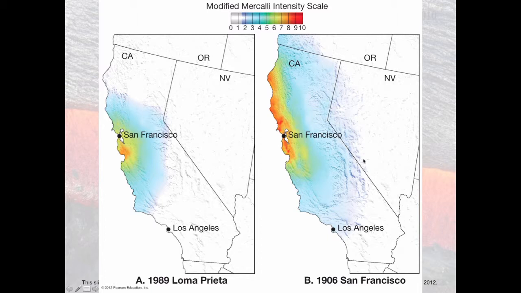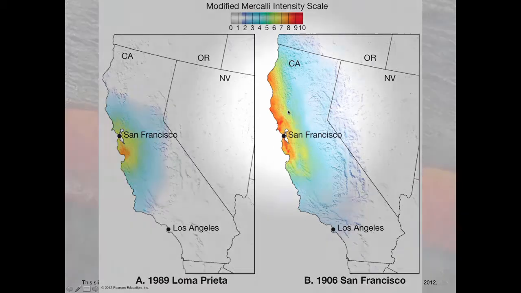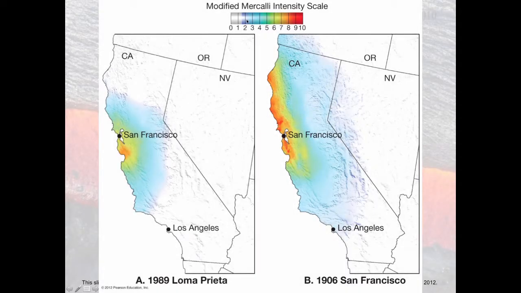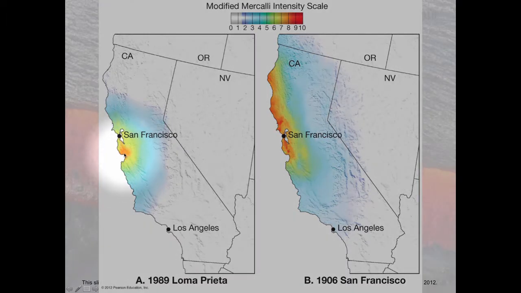Looking at the Mercalli index, you can see that the effect of the 1906 was felt in a much wider area. Almost all of California had at least a Mercalli index of 2 or 3. And the Mercalli index of 9 or 10, which is extensive damage, occurred up and down the coast. Whereas the Loma Prieta was definitely in the south.